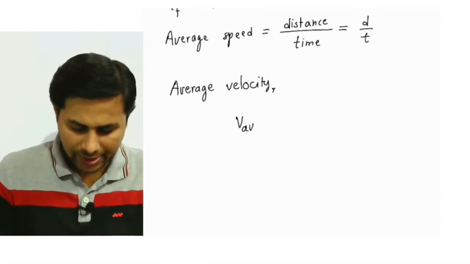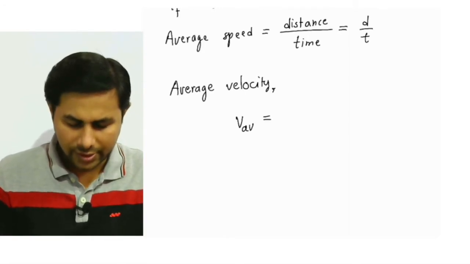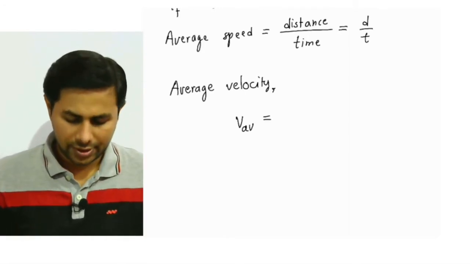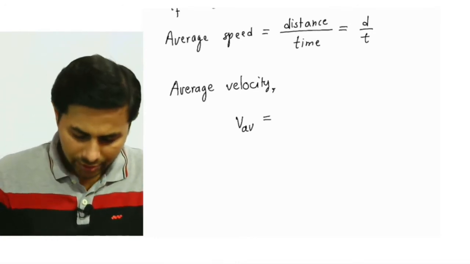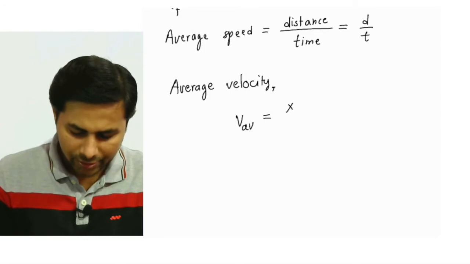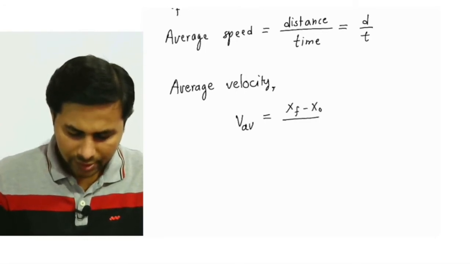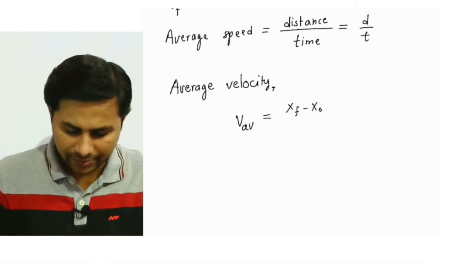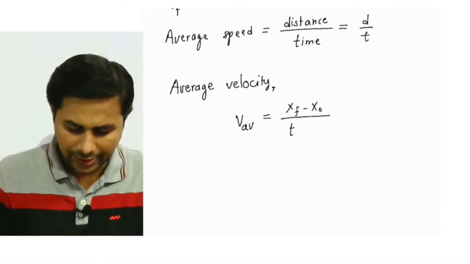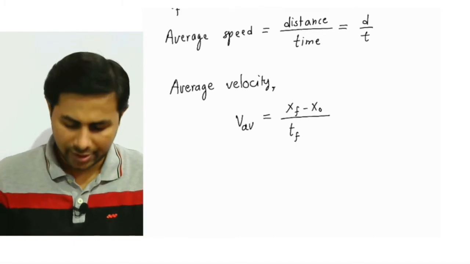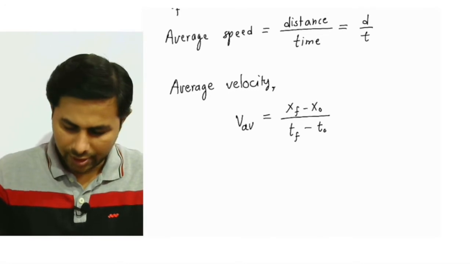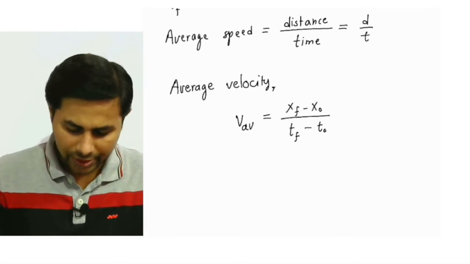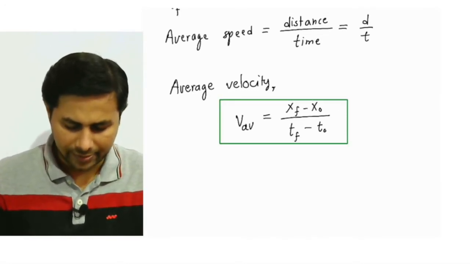V average, v suffix av, is the change in position with respect to time. So change in position is final position minus initial position divided by change in time, which is final time or end time tf minus starting time t naught. Okay, so this is the average velocity of the car.